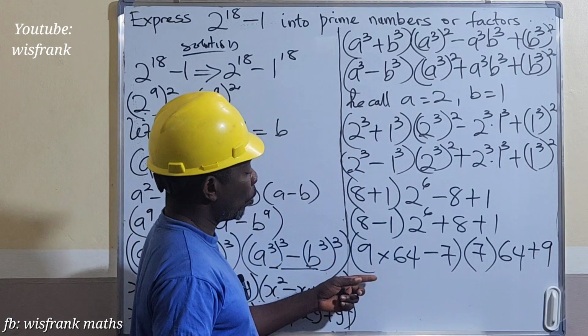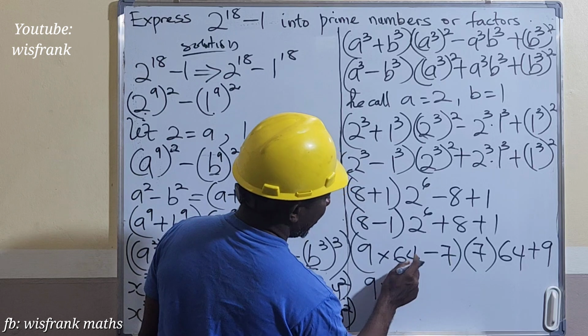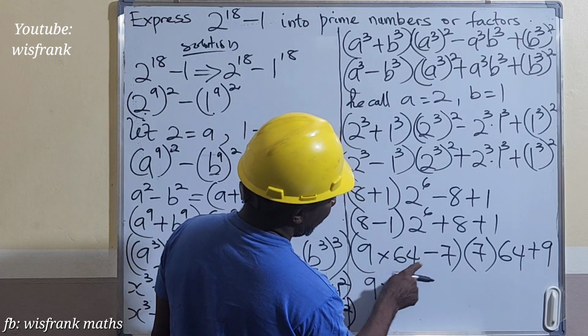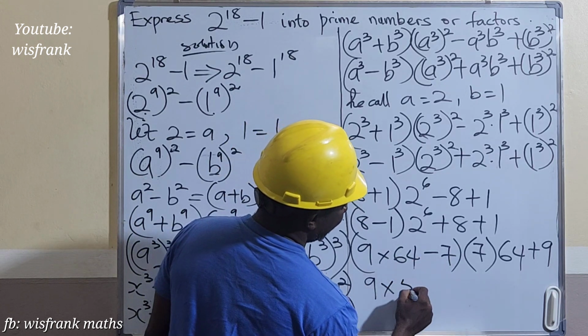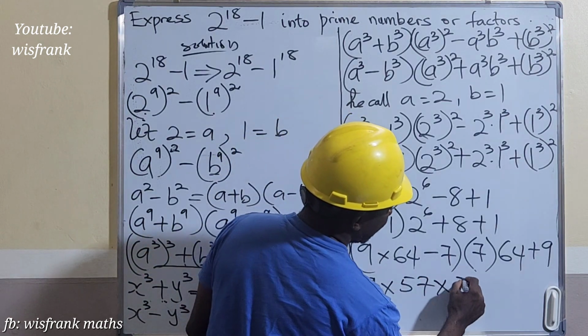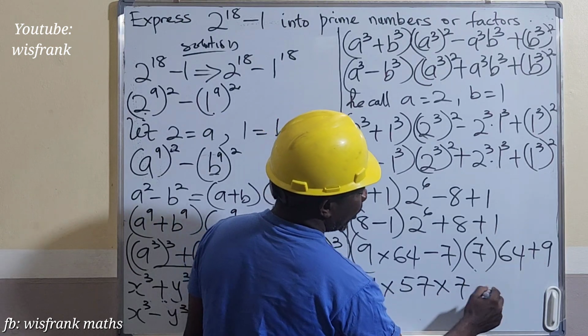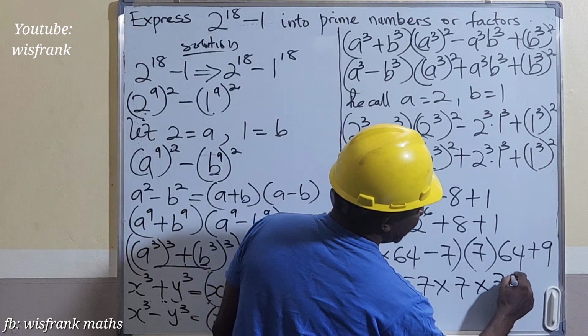So this is what we have. The next step, we have 9 here, times 64 minus 7 which is 57, times 7. The next one, we have 64 plus 9, which is 73.